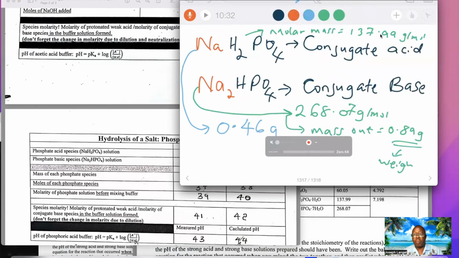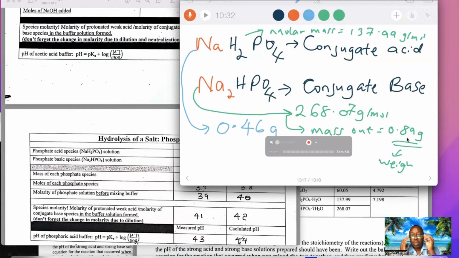This is the molar mass of the acid. You had to weigh the suggested 0.46. I don't want to see 0.46, the one given in the background. There is no way you will get exactly 0.46 or 0.89, no way.